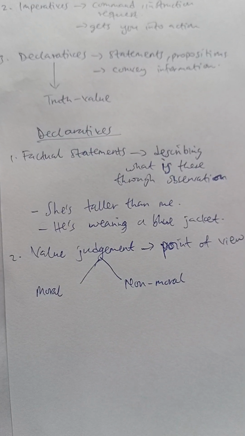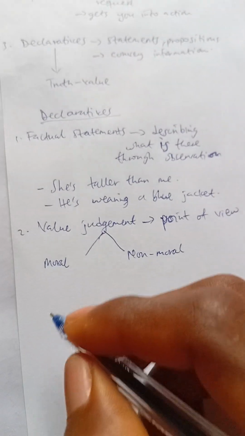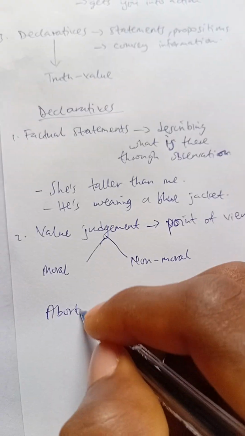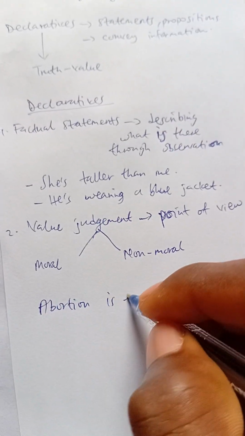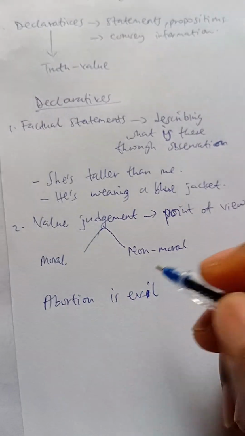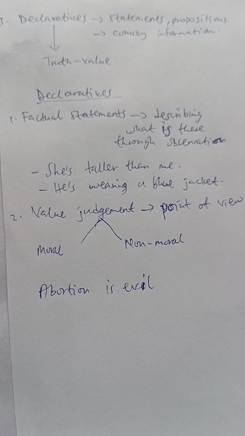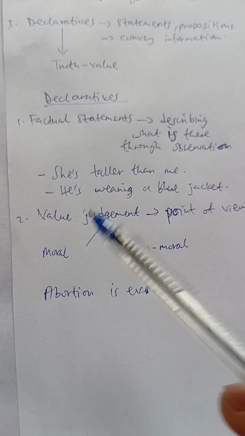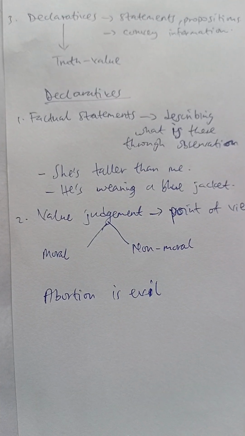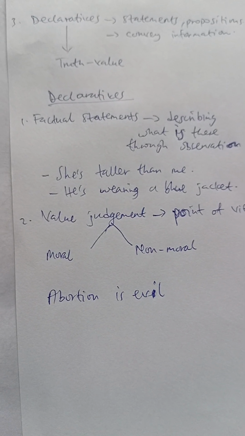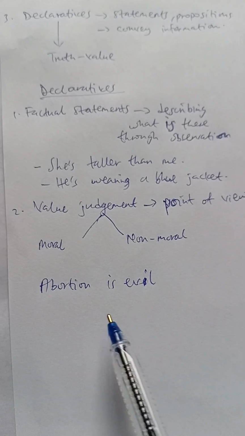So let's say abortion is evil. Abortion is evil. So what are you doing over here? You are giving your point of view. So how will it fall? It will fall in the category of value judgment, specifically moral value judgment, because this has to do with morals.